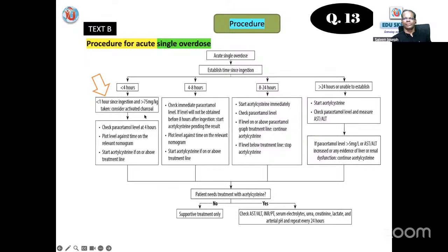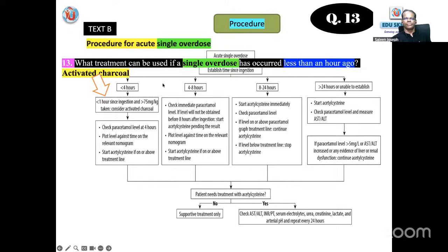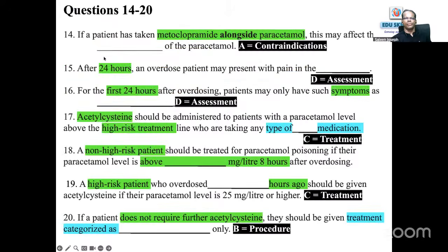What's the answer? Consider activated charcoal. Consider the treatment activated charcoal. See, less than an hour ago. Activated charcoal.